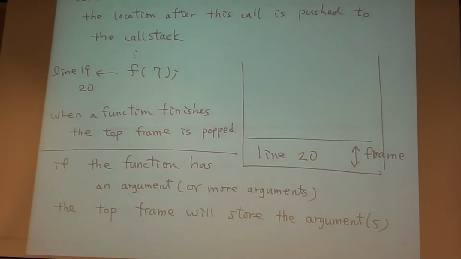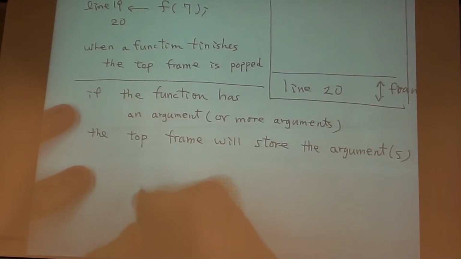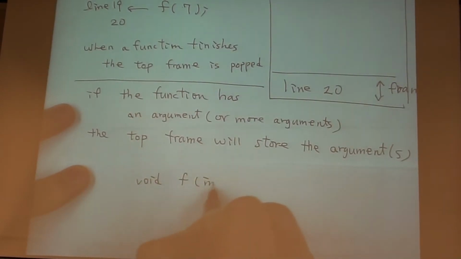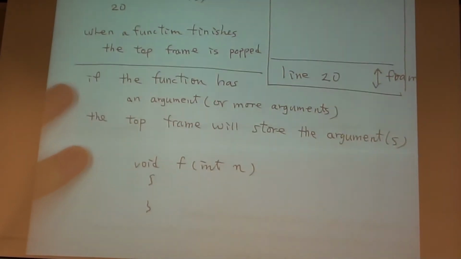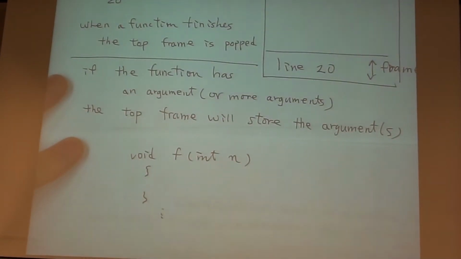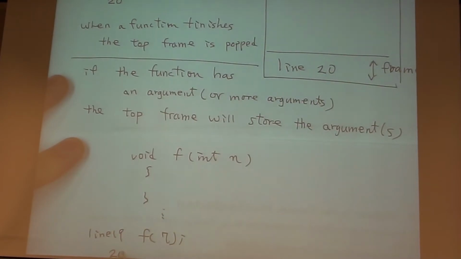Does it keep them in order, or all of them in the same frame? They'll be in the same frame. So let's start with 1. Suppose I have a function. Again, I don't care about what it returns. I only worry about the argument for now. And somewhere, let's say in the main function, I call the function and give 7. And suppose this is line 19, it will be line 20.